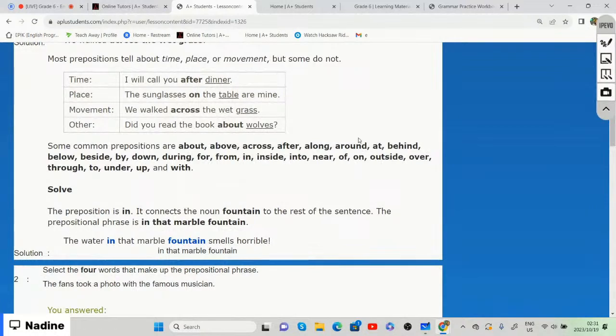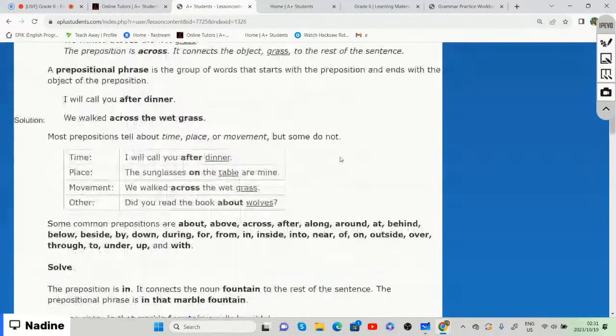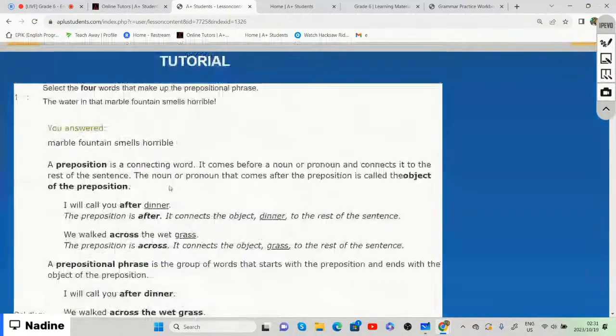If we are now going to select our prepositional phrase, it says the water in the marble fountain smells horrible. We are going to select the four words that make up the prepositional phrase.